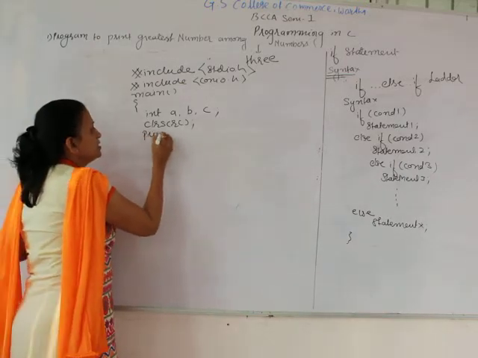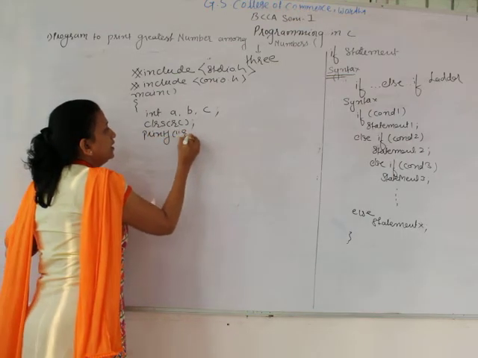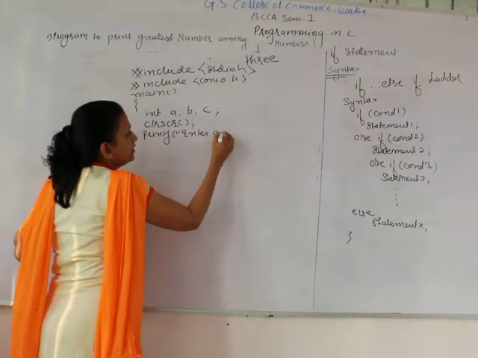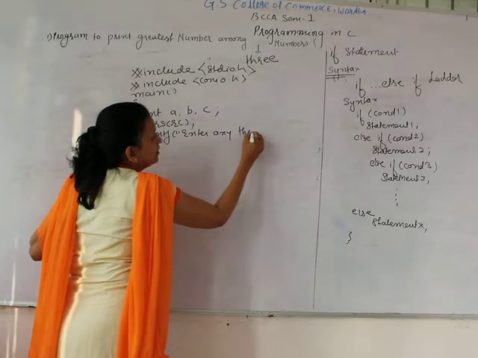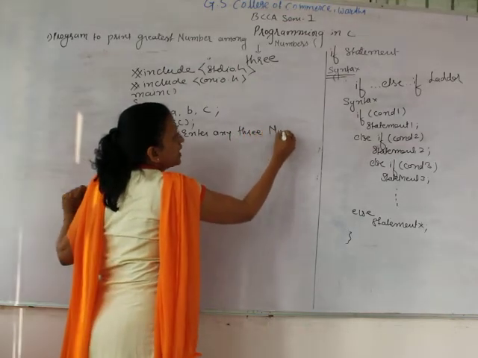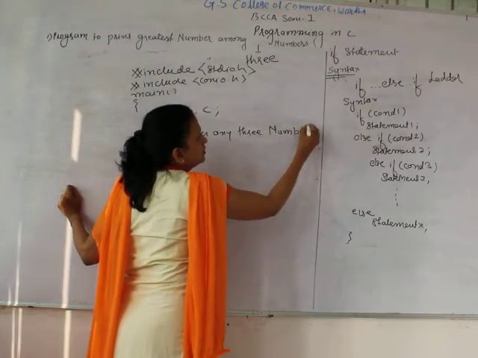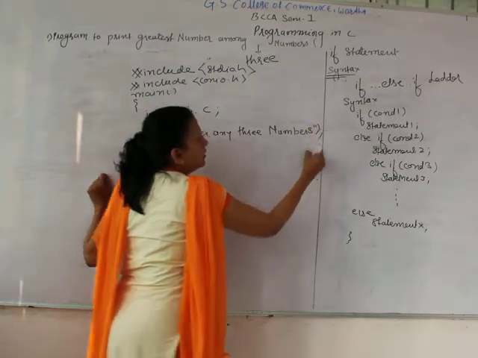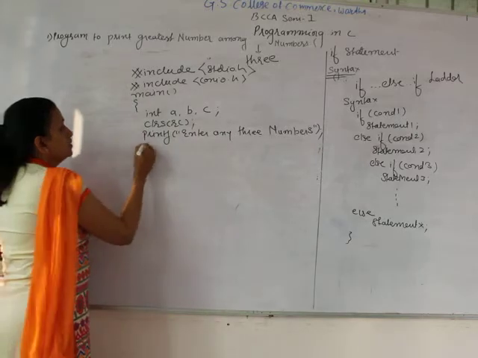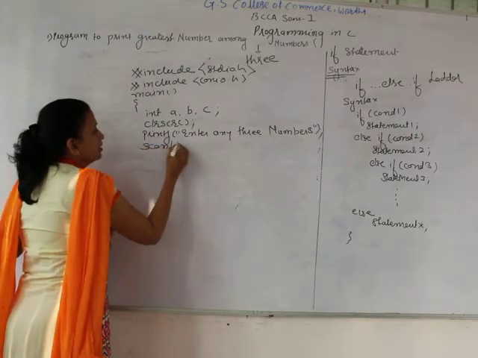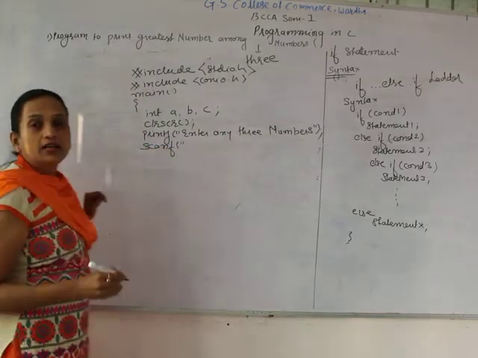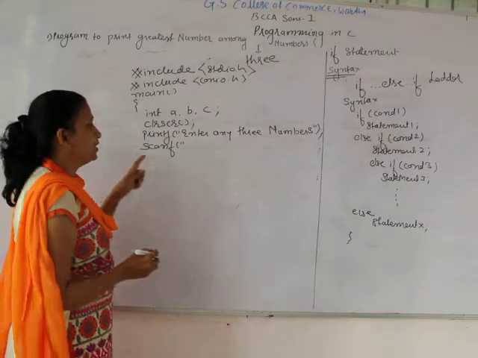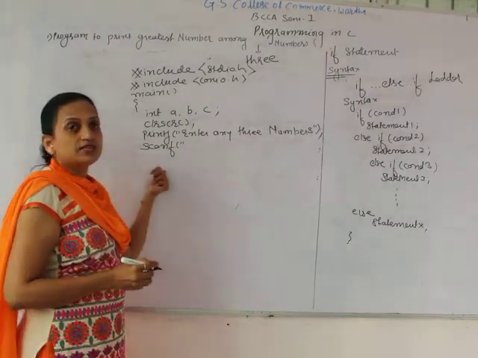Then printf, "Enter any three numbers", which means the user has to input any three numbers. When the user inputs three numbers, the compiler needs to read them, and to read the numbers we are using the scanf statement.